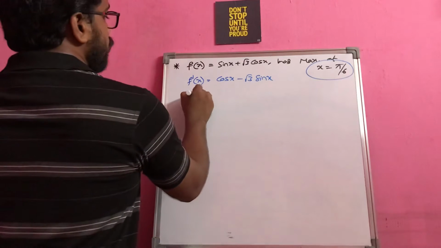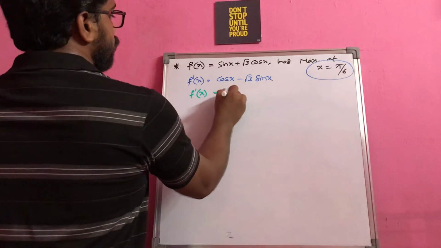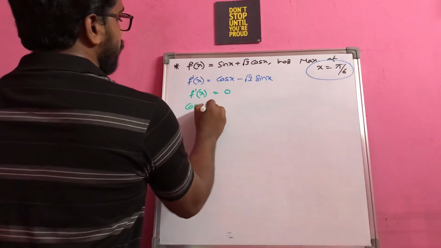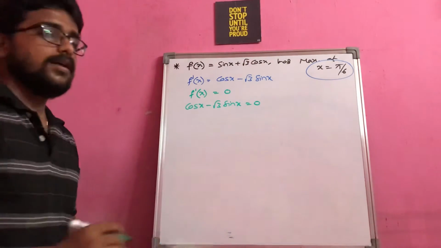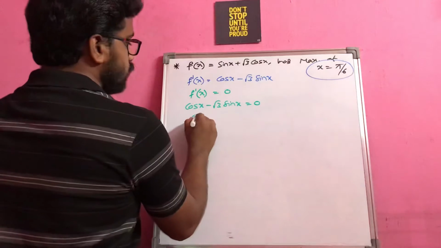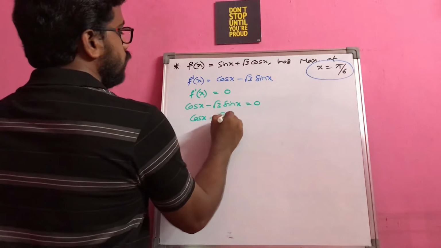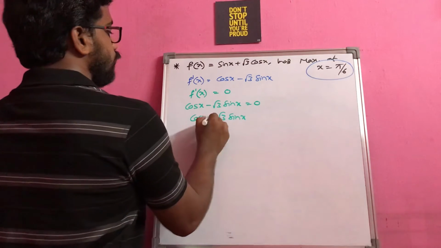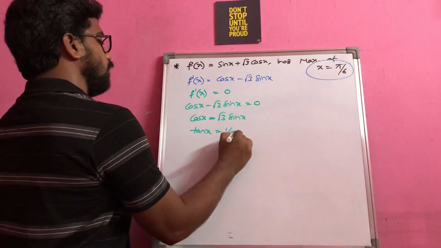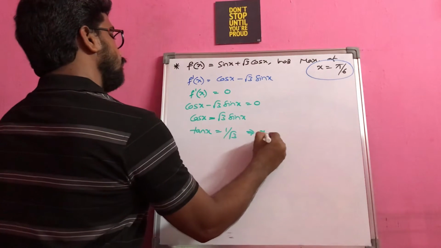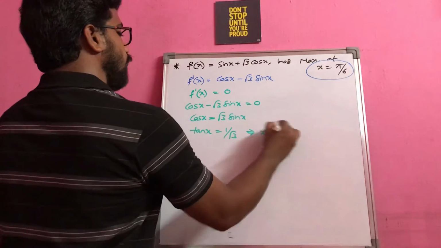After that, we will equate f dash of x to 0, that means cos x minus root 3 sin x is equal to 0. Now simplify this: cos x is equal to root 3 sin x. If you simplify this further, I will get tan x is equal to 1 by root 3, which implies x is equal to pi by 6.